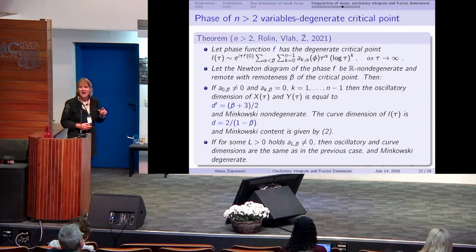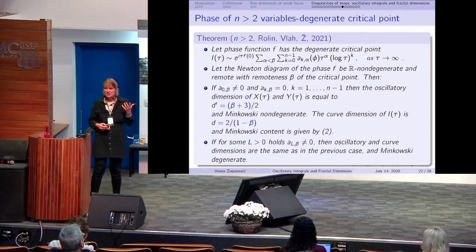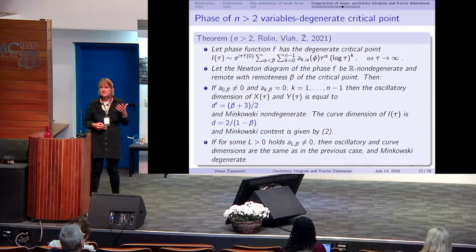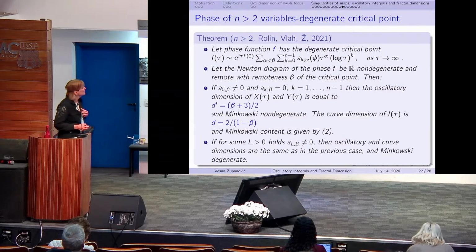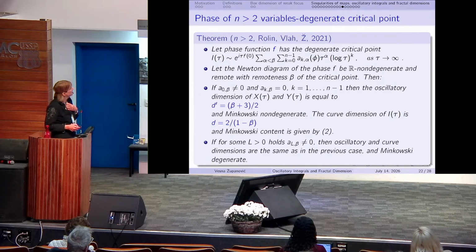It is written R because Newton degeneracy and non-degeneracy with respect to the Newton diagram is related to the coefficients of the map. And remote means non-degenerate, degenerate, and remoteness beta.